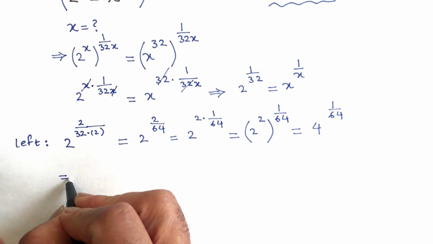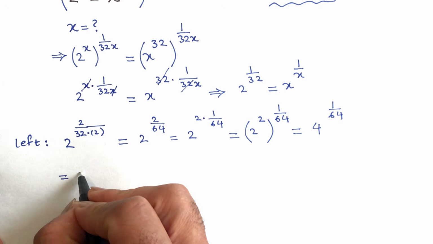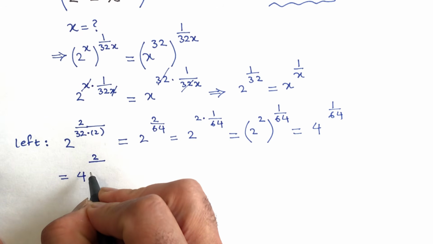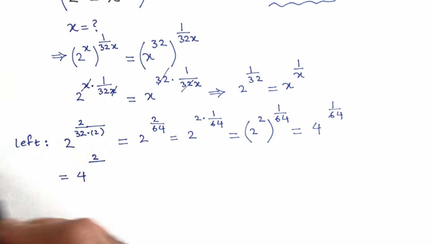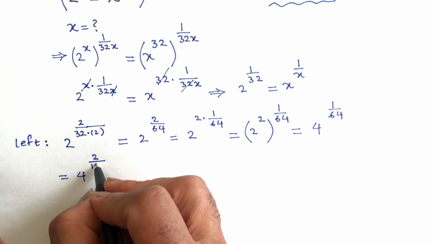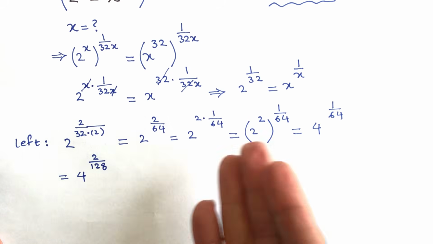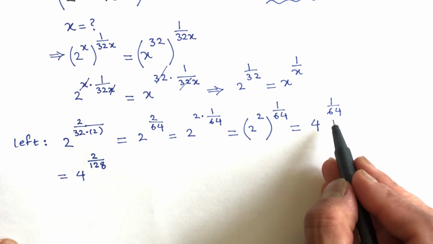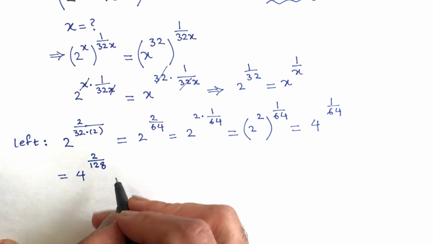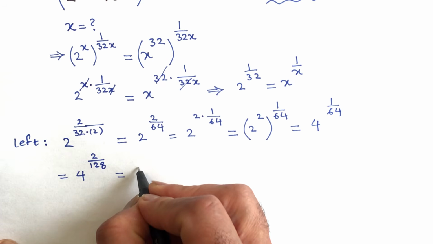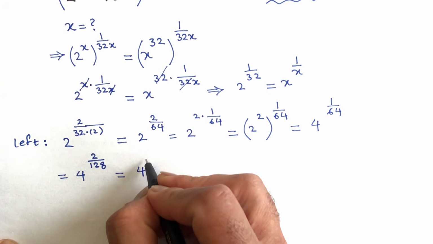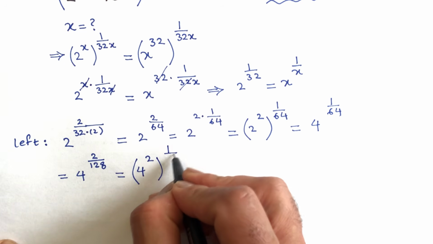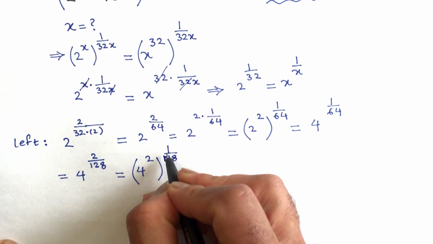So that equals 4 to the power of 2 over 64 times 2. I just write the result because you know how it works from the last procedure. 2 times 64 is 128. So it is 4 squared to the power of 1 over 128.